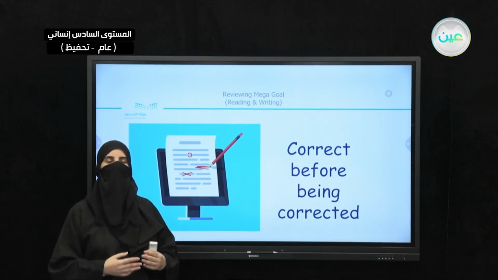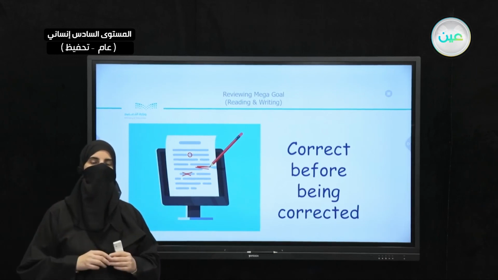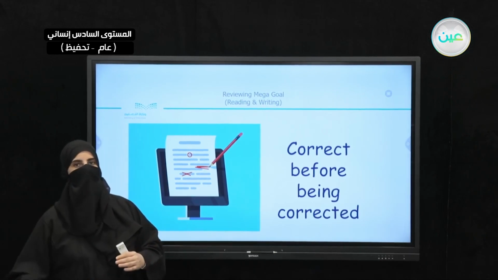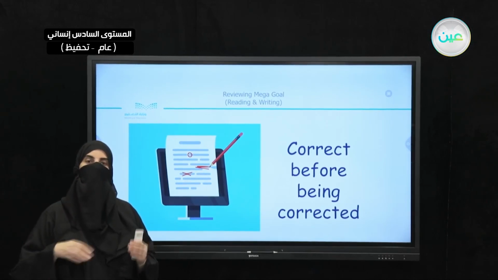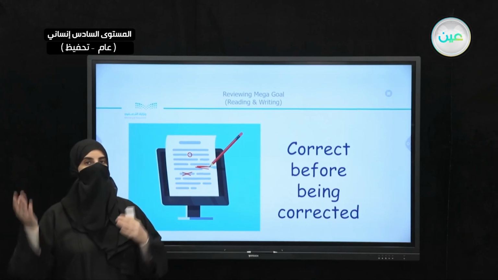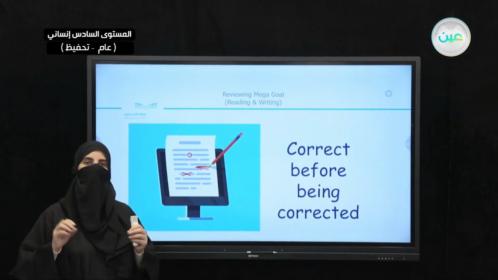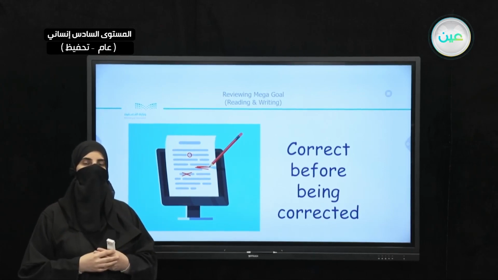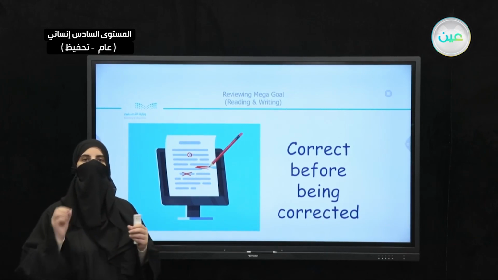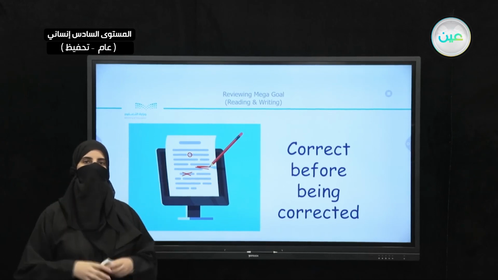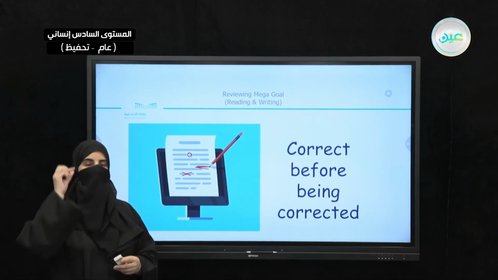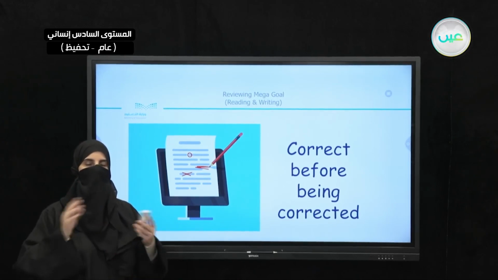Start first with correcting the main ideas. When you are done, go to the next step, which is correcting the grammar structures. When you feel you're okay, correct your spelling mistakes and make sure of the words that you are not sure of. Then go back and check your punctuation, capital letters and, of course, the title. So it is going step by step and not doing everything at the same time.